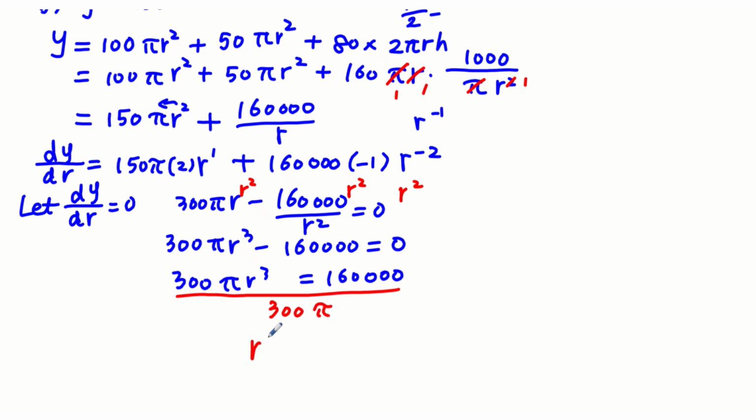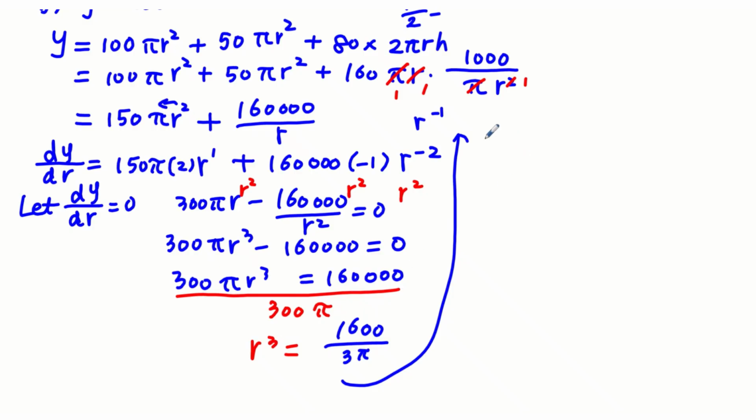Then move the 300 pi to the other side. We have r cubed equals 1, cancel 2 zeros, so 1,600 over 3 pi. Then we solve for r, we move the exponent to the other side, it will be the third root.